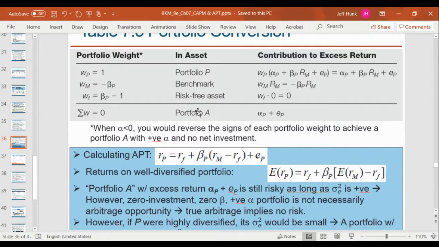Negative 0.5. That means when our portfolio is going up 1%, our broad benchmark is going down by 0.05%, right? So this is a slight misalignment.